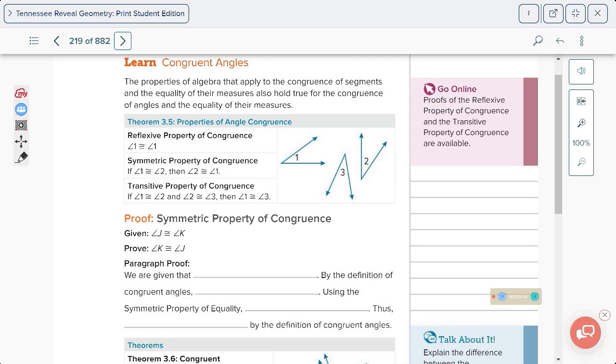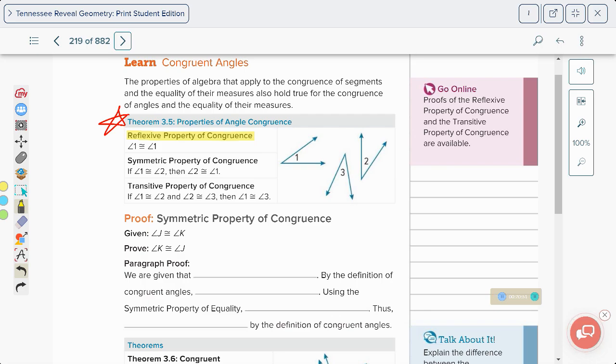Okay, so on the next page, we are talking about congruent angle properties. I want everybody to star this chart here because it talks about some very important properties that we use a lot. So the first one, reflexive property. And they've given us an example here. It says angle 1 is congruent to angle 1. With reflexive property, that just means something equals itself.